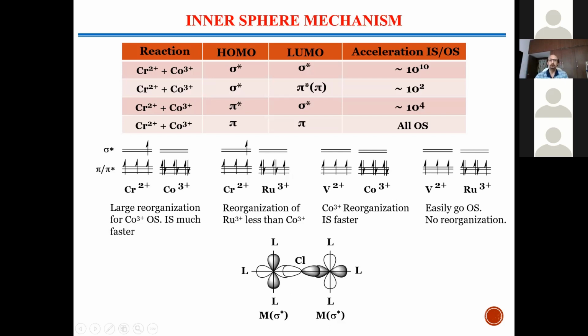You look at this orbital and the bridge orbital, they are overlapping, and this electron transfer takes place. So electrons are moving from chromium 2. This will come to the vacant site over here, and then this orbital is already shared, and then the electron will go from this side to that side.